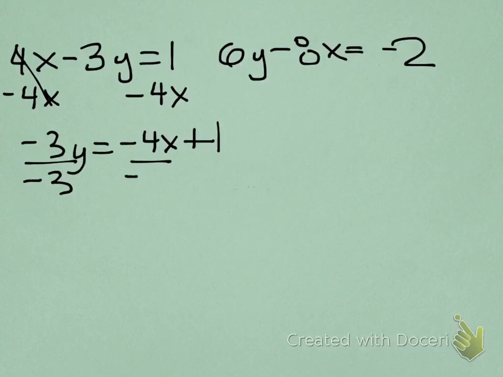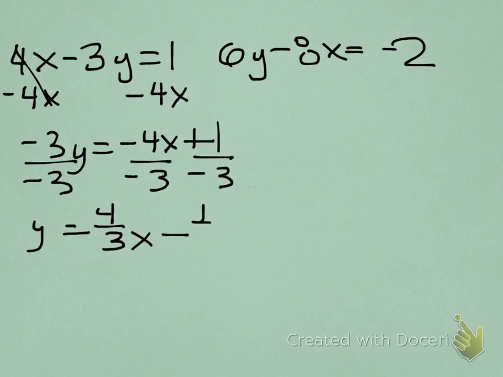Divide everything by -3. And even though I have fractions, I still do step 2, which would be to take what's equal to y and put it in for y into the second equation and solve for x.